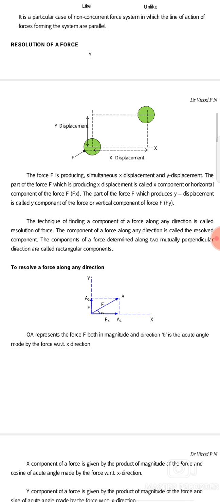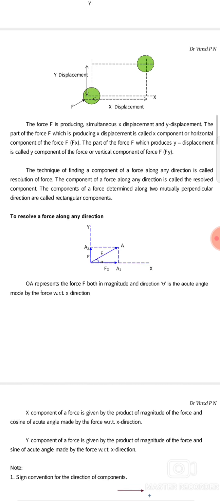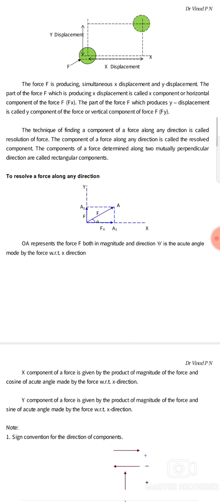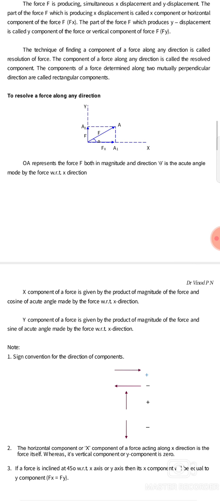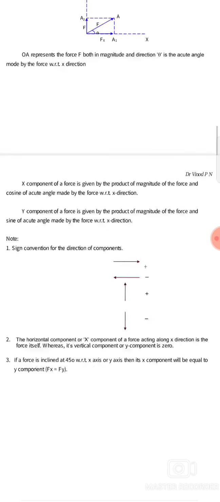So if you want to resolve any kind of force, it should be resolved in terms of x and y. If there is any inclined force, it should be resolved into an x component and a y component. To resolve a force along any direction, we can see here OA represents the force F in both magnitude and direction, where theta is the acute angle made by the force with respect to the direction.